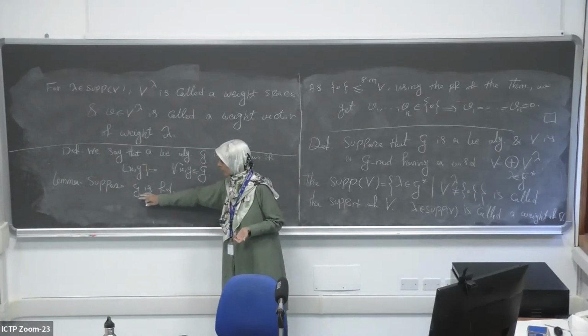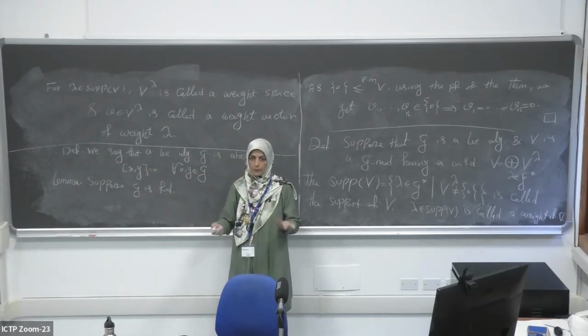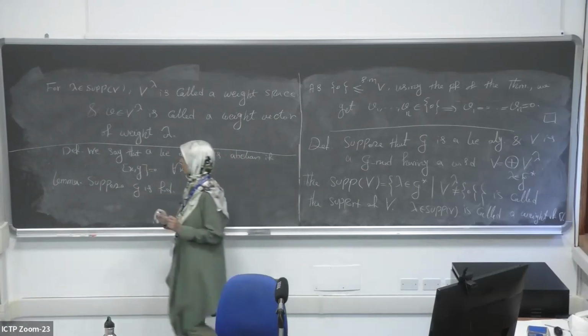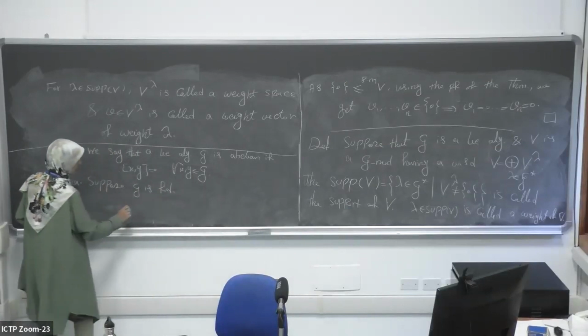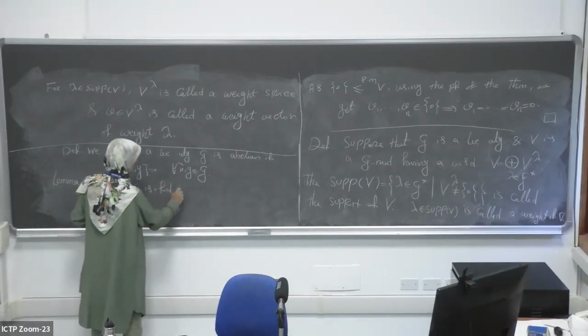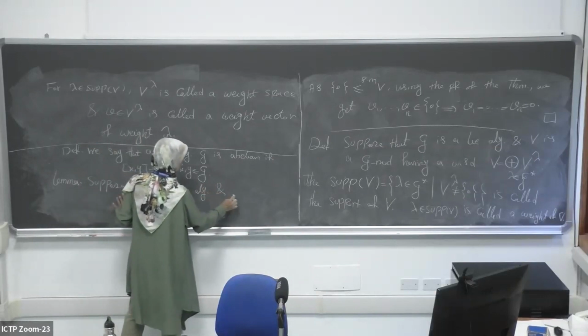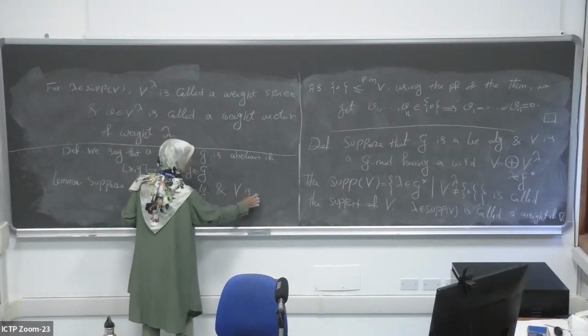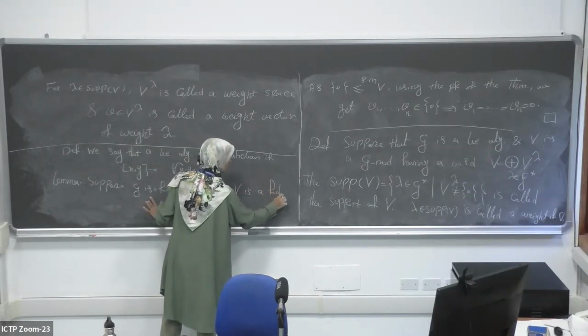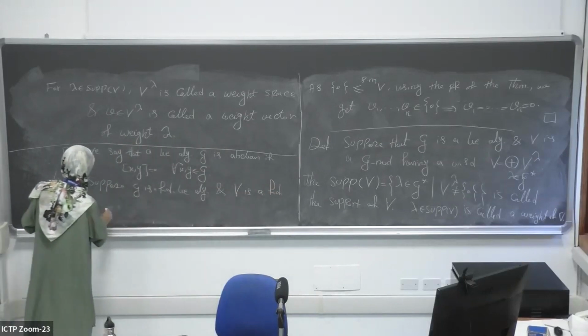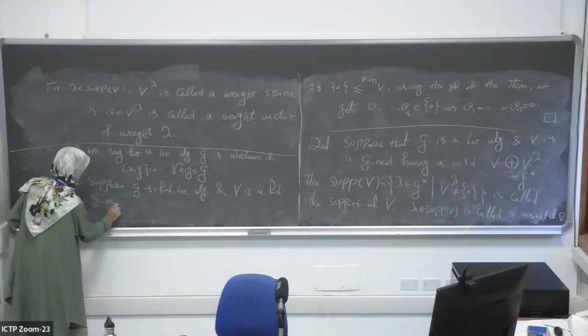And when we say G is finite dimensional, it means that as a vector space, it is finite dimensional. Suppose that G is a finite dimensional Lie algebra, and V is a finite dimensional G module.